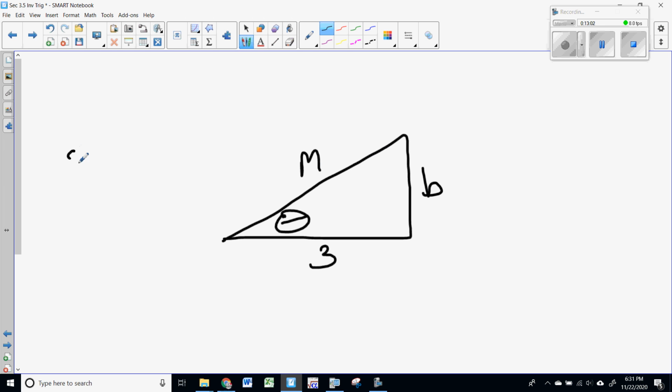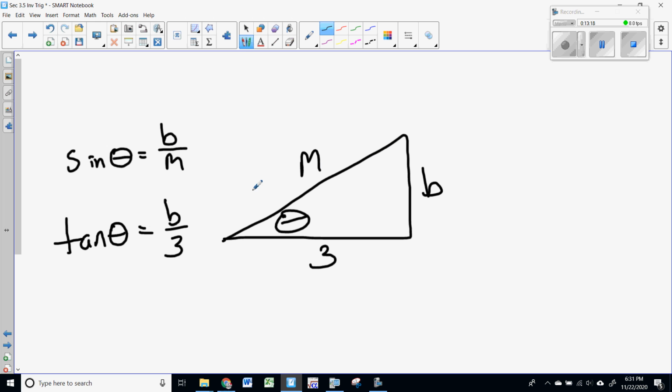So I am going to say, well, the sine of theta is b over m. I'm going to write it in terms of sine, or I'm going to write it in terms of tangent, b over 3, and so forth. So you can use any trig function. These are the two we're going to focus on.